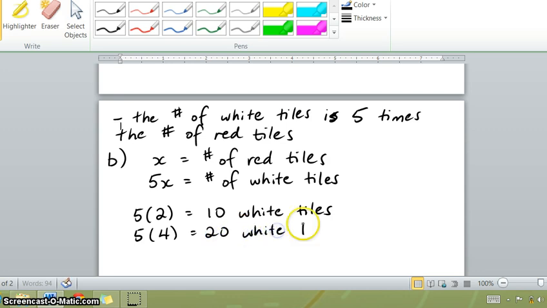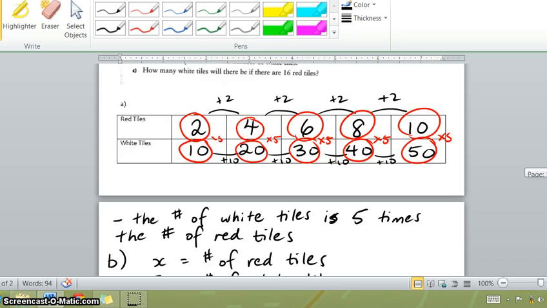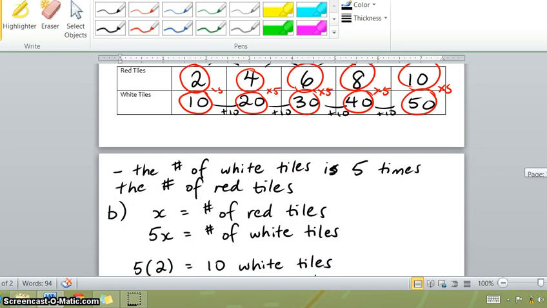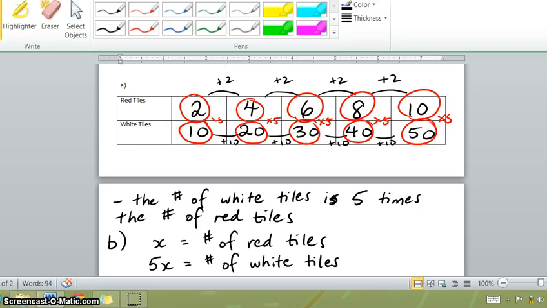So the pattern continues because we established in A that to get from red to white you multiply by 5. I'm actually going to rewrite red tiles as being x and white tiles as being 5x. So this is like your input is red and your output is 5x, or white. You may remember that from last year.